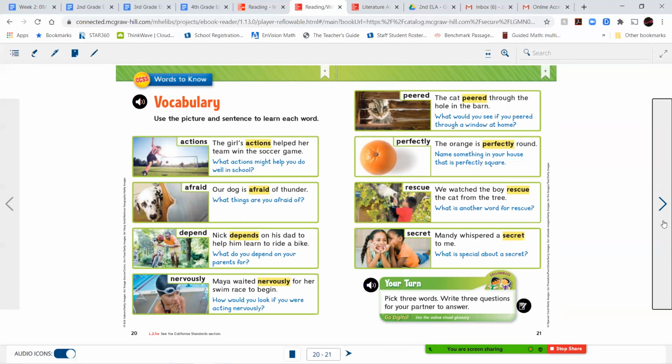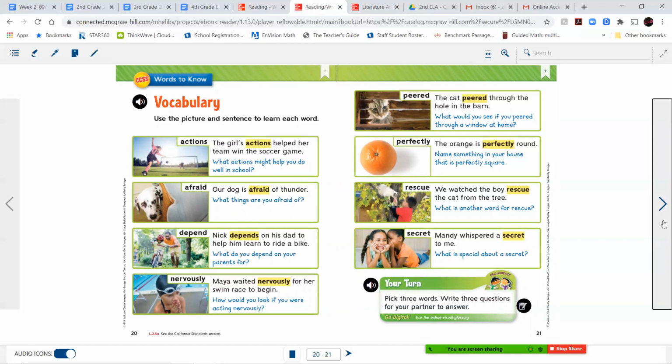So first, let's take a look at the words that we have this week. We have the words actions, afraid, depend, nervously, peered, perfectly, rescue, and secret. And we're going to go over the meanings of those words in just a moment.